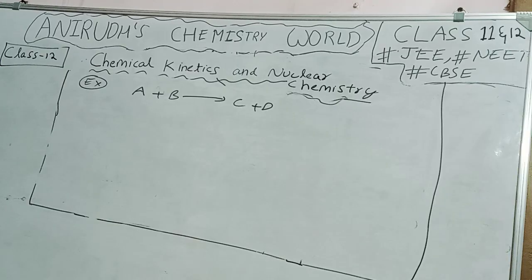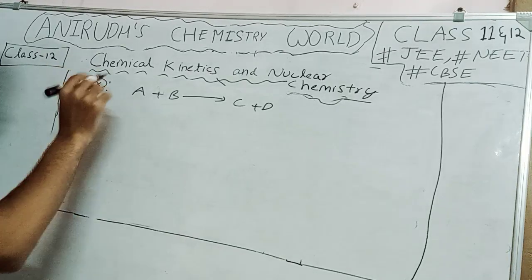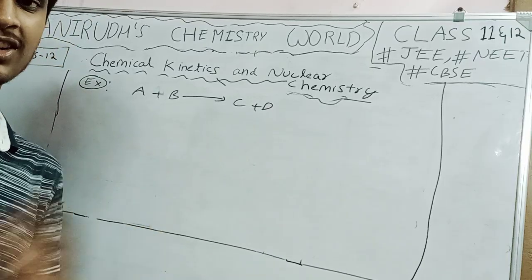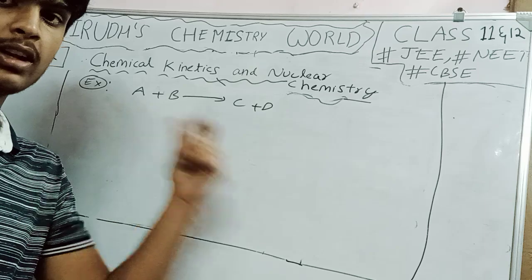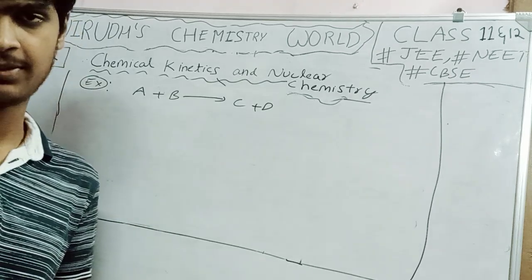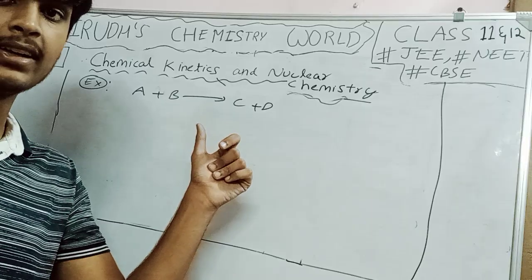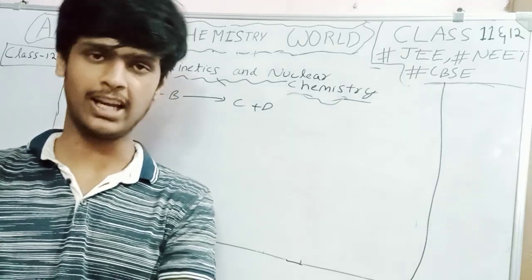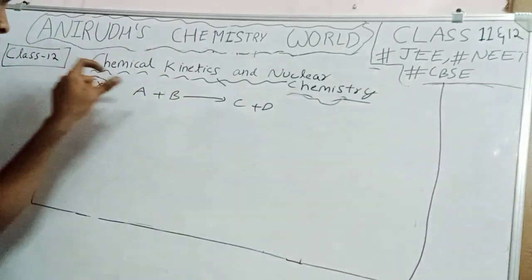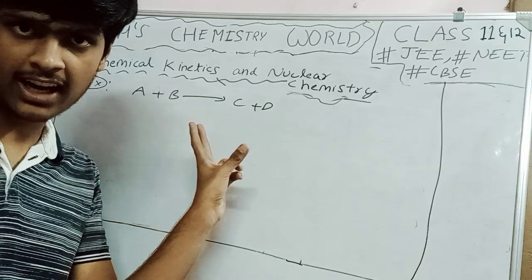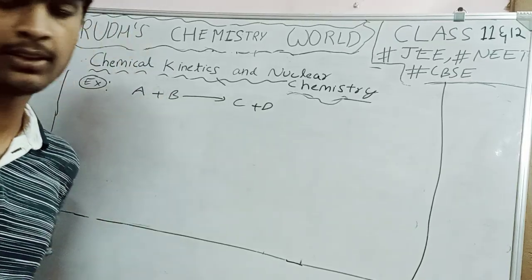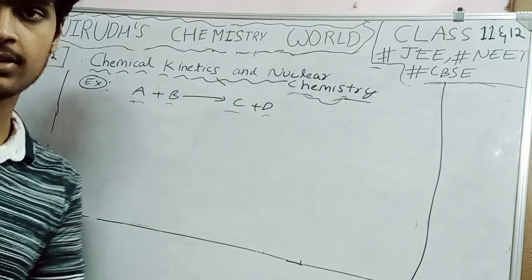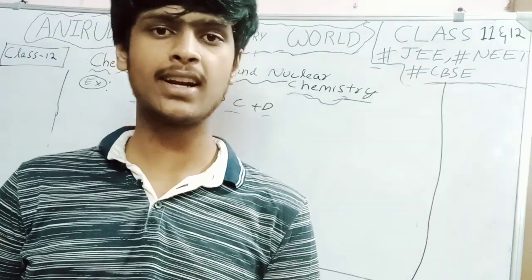If I am giving you an example, if I tell you to write the rate of this reaction, that is A plus B gives C plus D, where A and B are the reactants and C and D are the products.